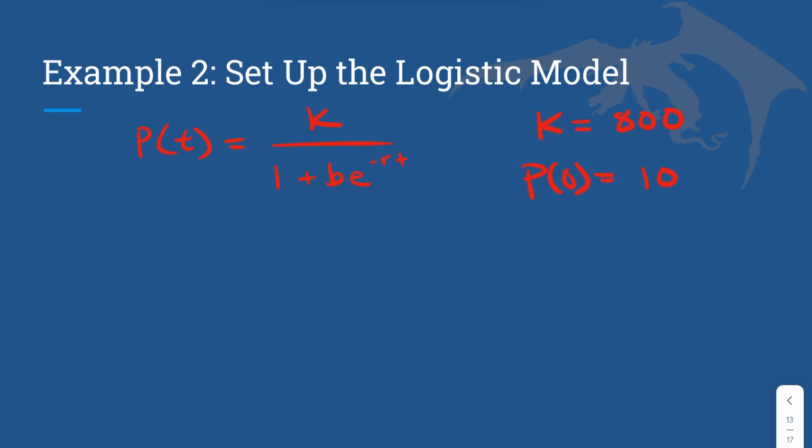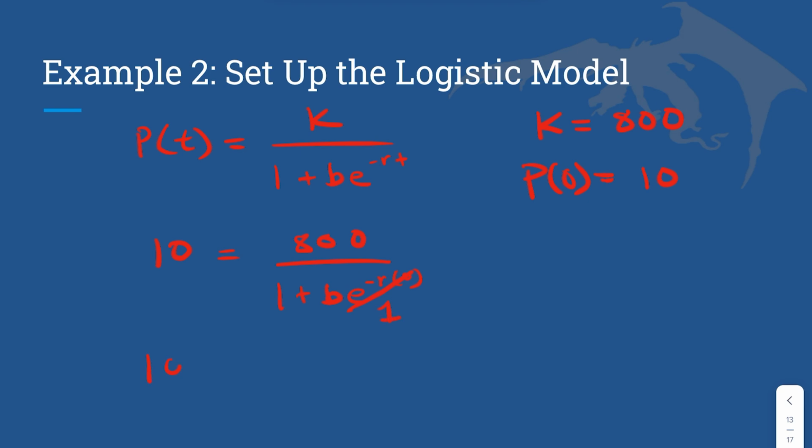Now, plugging that in, we get 10 is equal to 800 over 1 plus B times E to the negative R times 0. That goes to 1.